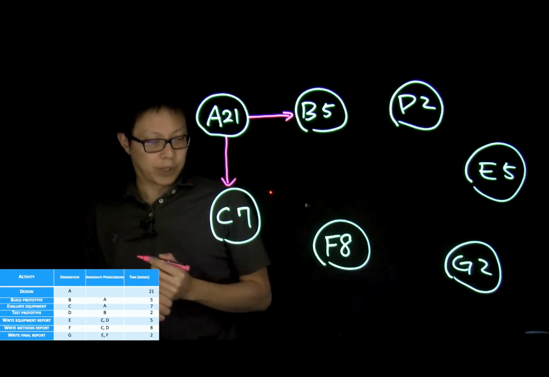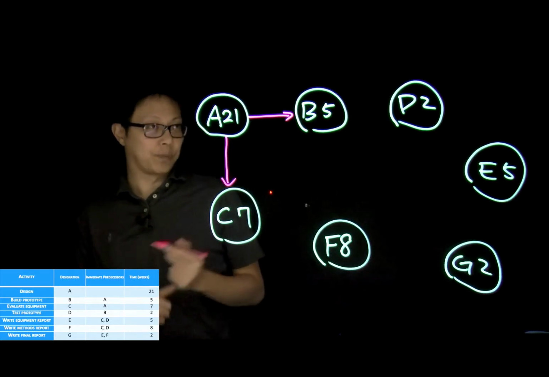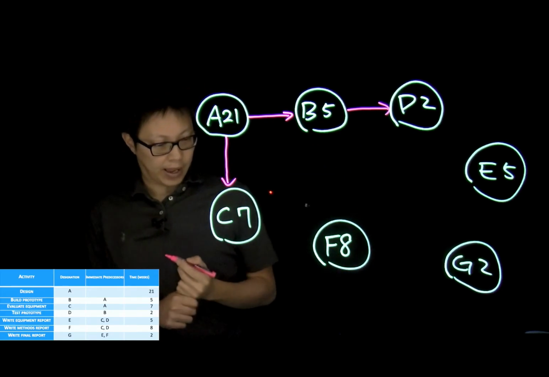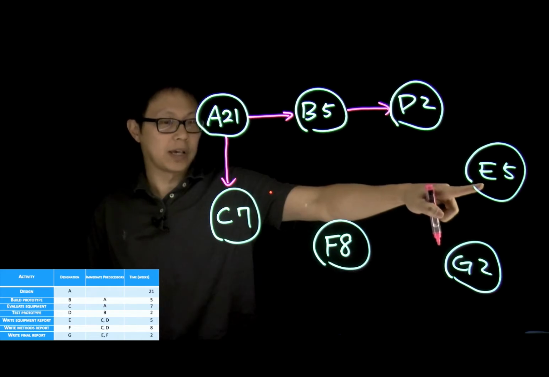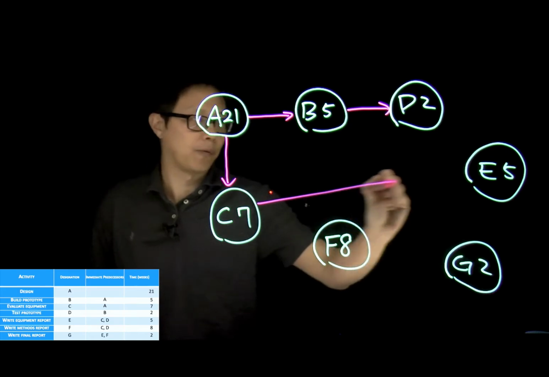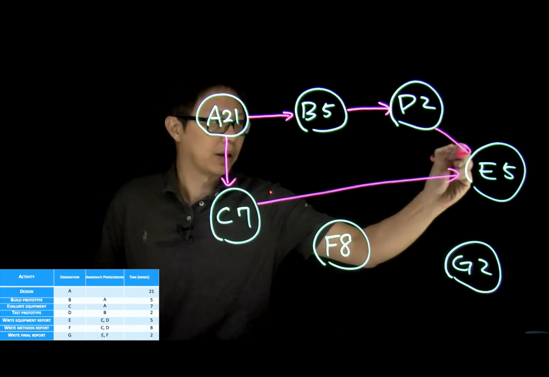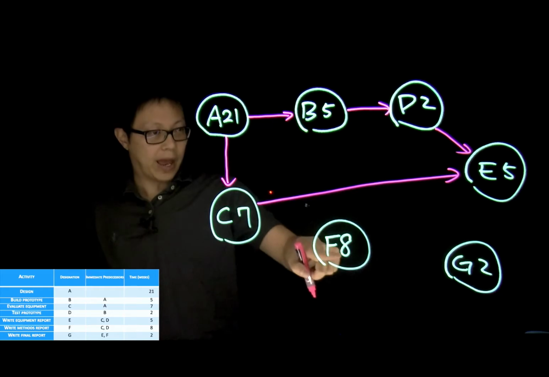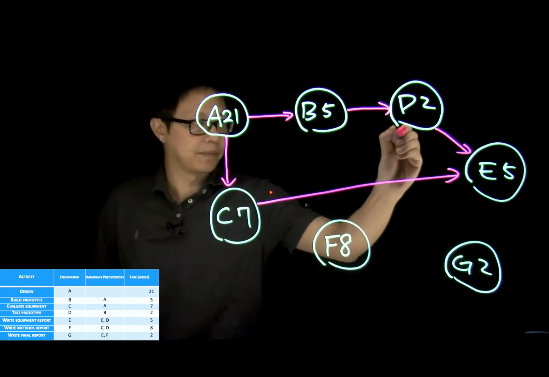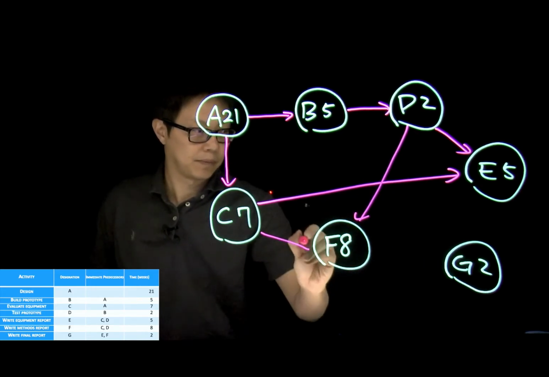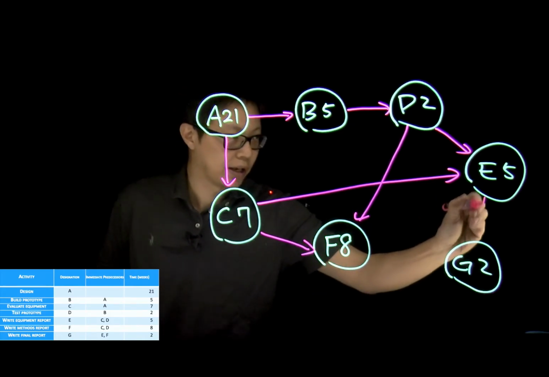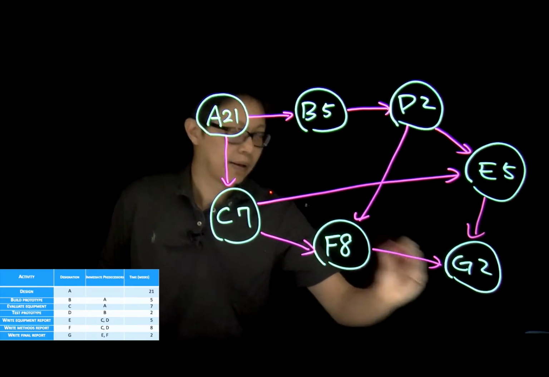D will need to be started after we finish B. So we have B connect to D. And we cannot start to work on E until we finish C and D. So I have one here and one here. F can be started after we finish C and D. And G can be started after we finish E and F.